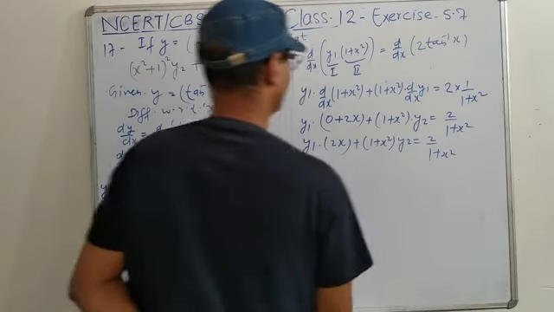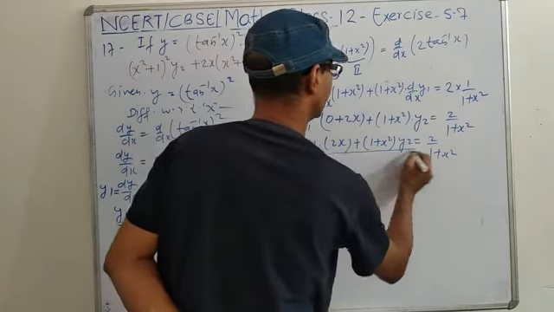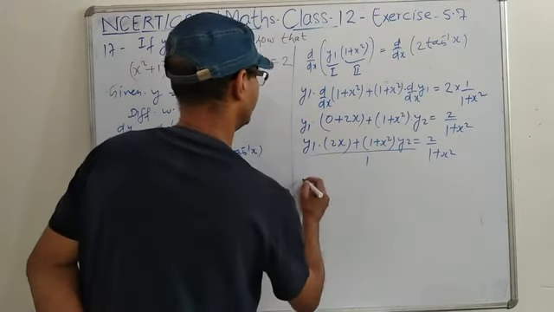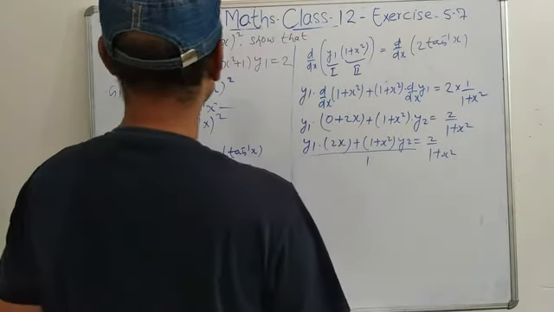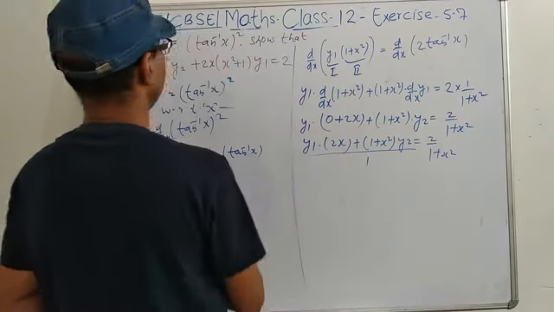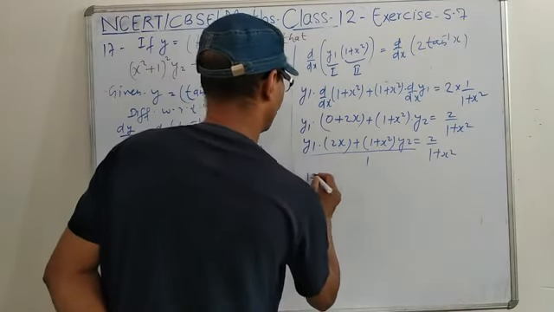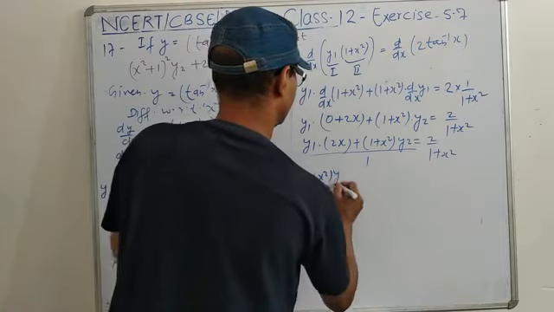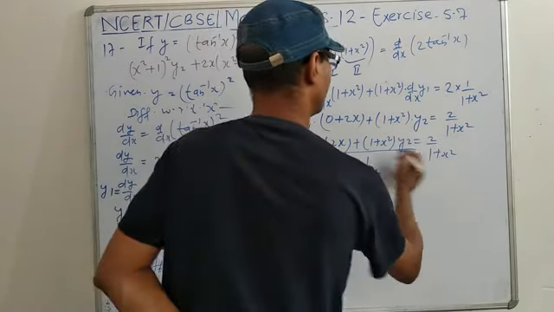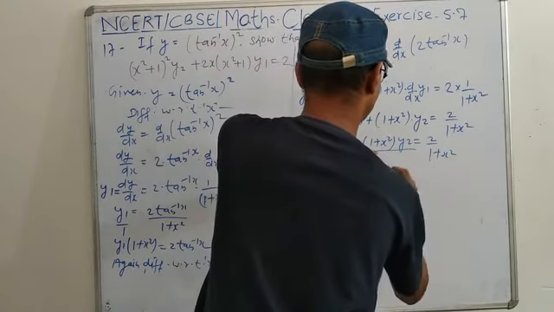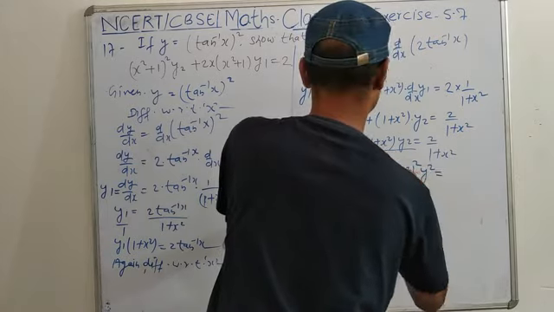By cross multiplying, what we get here: (1 plus x square) into y1 into 2x plus again (1 plus x square) into (1 plus x square), (1 plus x square) whole square into y2 is equal to 2.